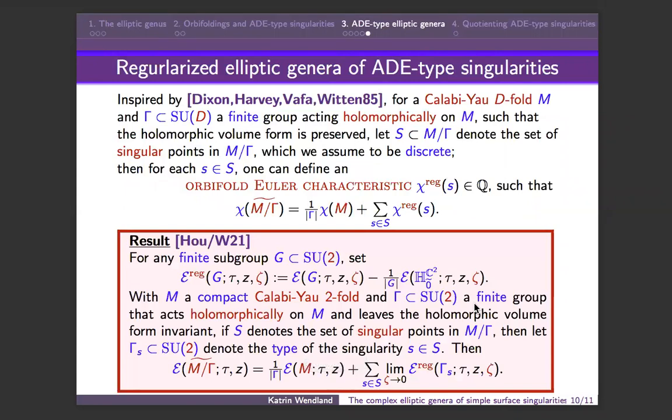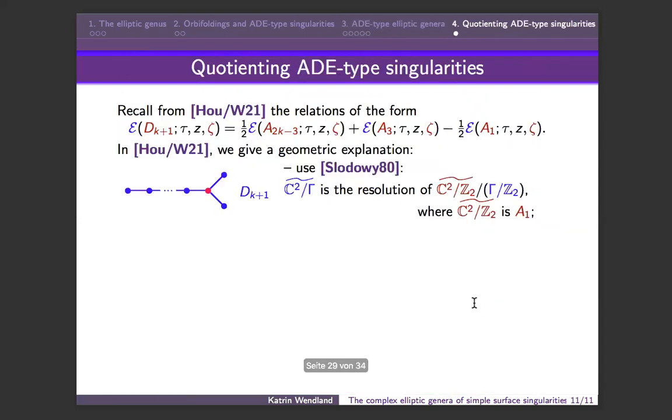Okay, perfect. Because this is actually the final note to the original question that I asked. Yuhang had also observed these relations between the elliptic genera, the C-star equivariant elliptic genera of the different singularities. And I put that under the rug a little bit when I gave you the formula.